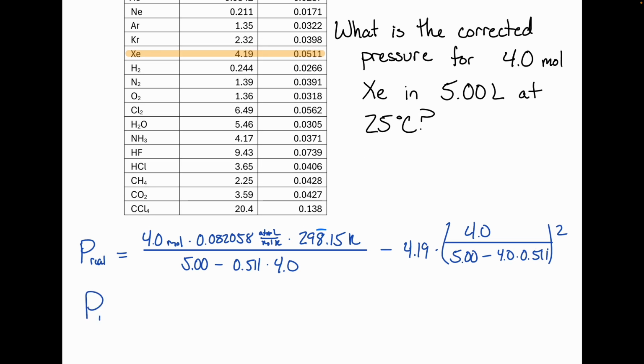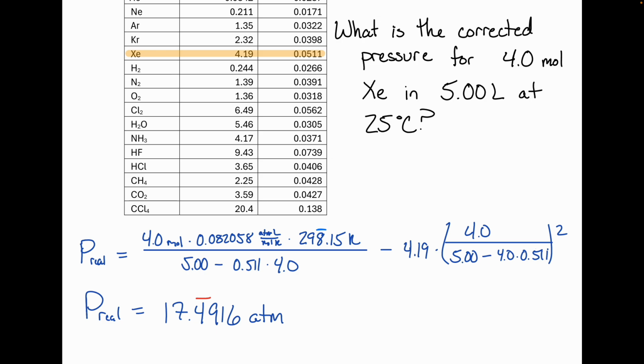All right, so we get a real pressure of 17.4916. Again, we're just going to say 3 sig figs.